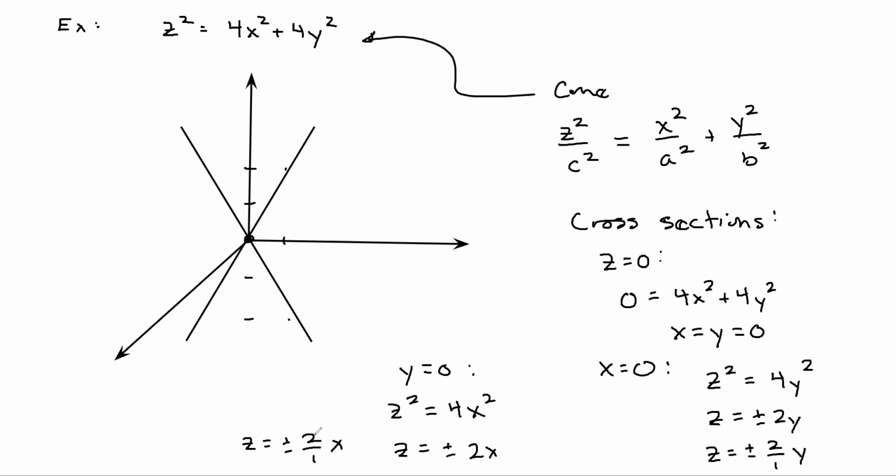For those lines, the slope is to go up 2 in the z direction, 1 in the x direction. So if we say this is 1 unit in the x, then we would go up 2 and then over 1. So we'd end up maybe right about there. And you could go up 2 over 1, right about that. This point looks a little too far. That's 1 unit, so it should be proportional.